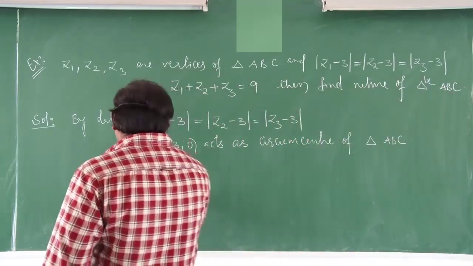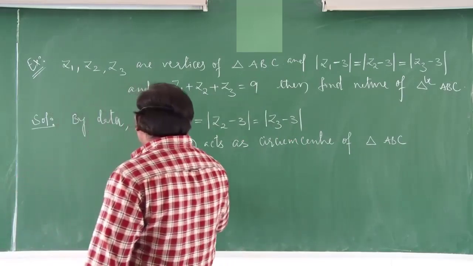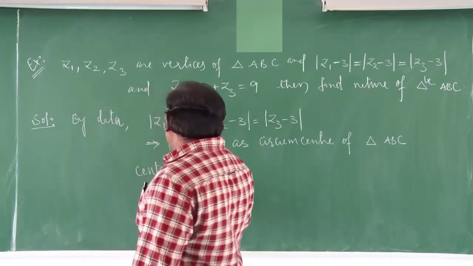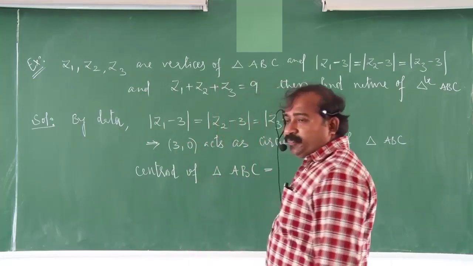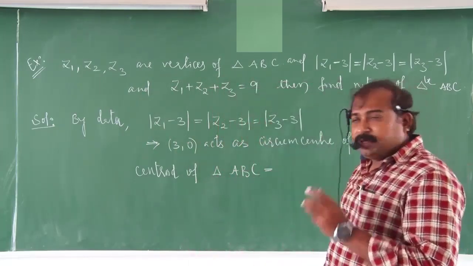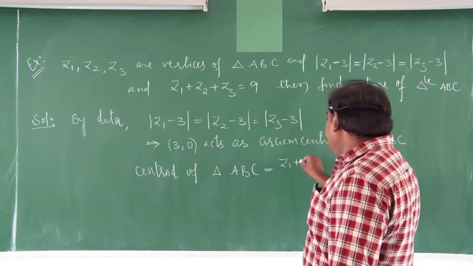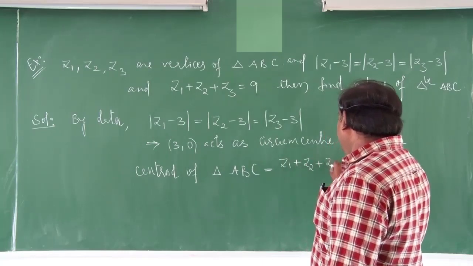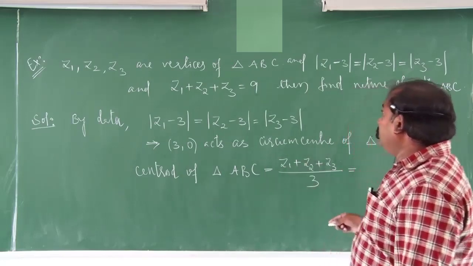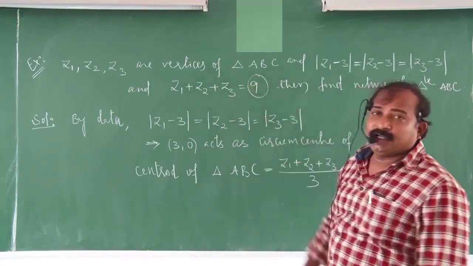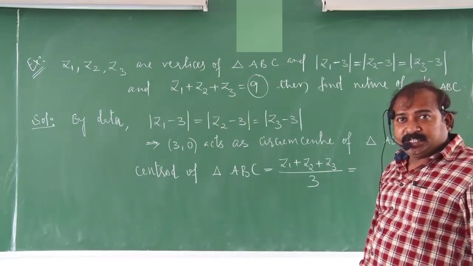Next one, centroid you can calculate. Centroid of triangle ABC is nothing but Z1 plus Z2 plus Z3 by 3. Till now you have not used this point. So Z1 plus Z2 plus Z3 equals 9, they given.